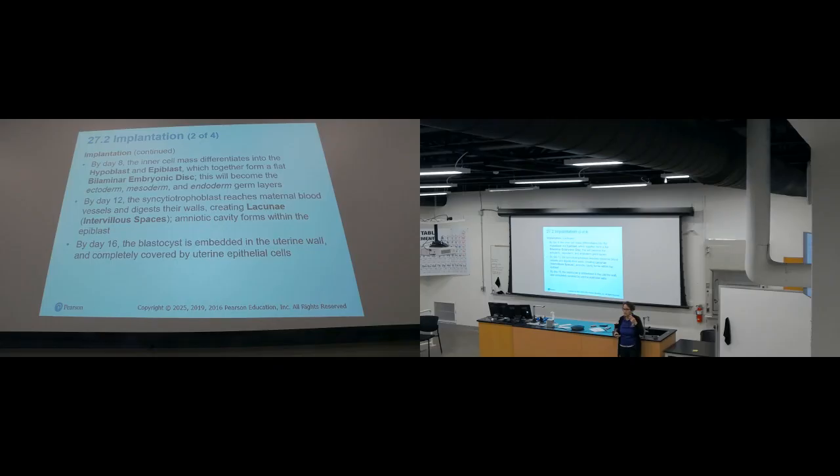So during the 2nd week, you have 2 layers, the hypoblast and the epiblast cells. And then starting on week 3, you have the 3 embryonic layers that we call endoderm, mesoderm, and ectoderm. So 2 weeks, 2 layers, 3 weeks, 3 layers.